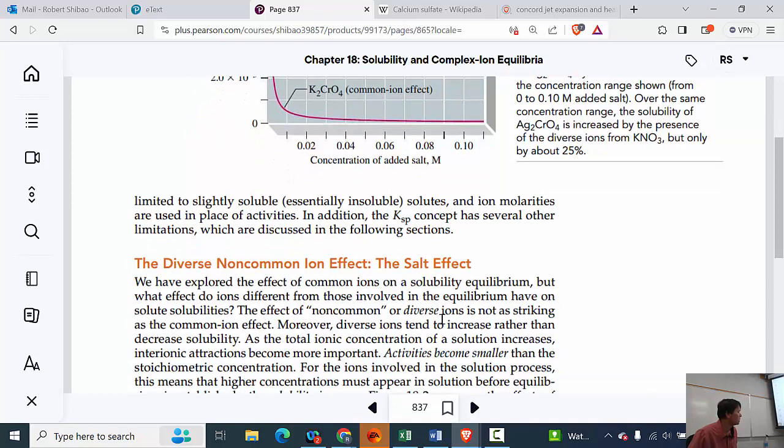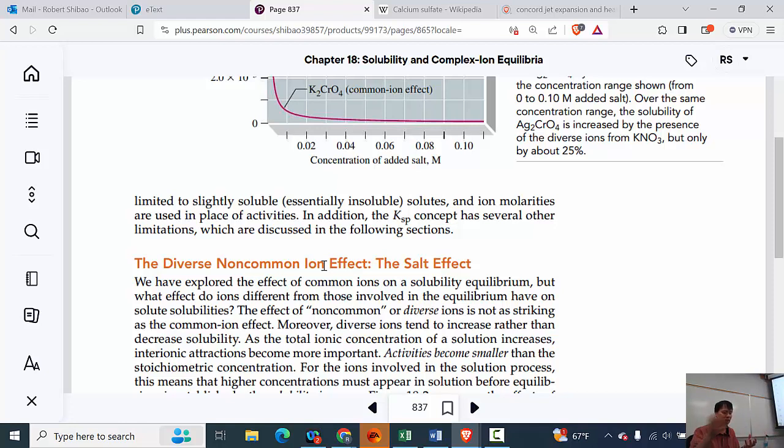There's other things, and this becomes related to activity as well. This is the diverse non-common ion effect. Not only can ions pair, as we're looking at calcium and sulfate and magnesium and sulfate, they're going to form ion pairs and clusters.